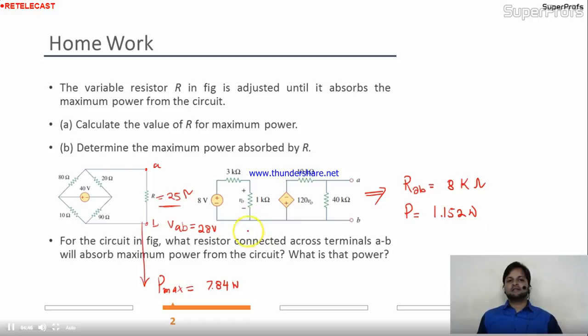Is it okay? So if you didn't solve this, please try once. It's very important, this is a GATE level problem. In the GATE examination, they ask this type of problem only.